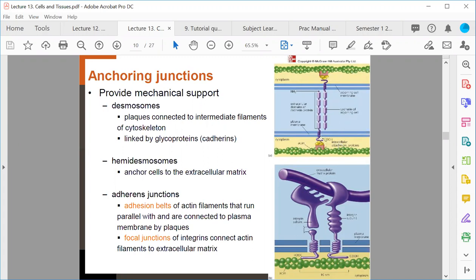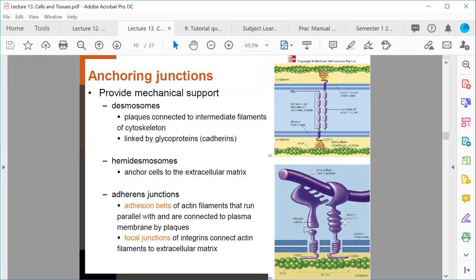And so we can see this particular type of anchoring junction is anchoring one cell to the neighbouring cell. And then within each of the cells, the molecular complex of that particular junction is linked to part of the cytoskeleton within the cell. Okay, so these fibres are actin fibres.